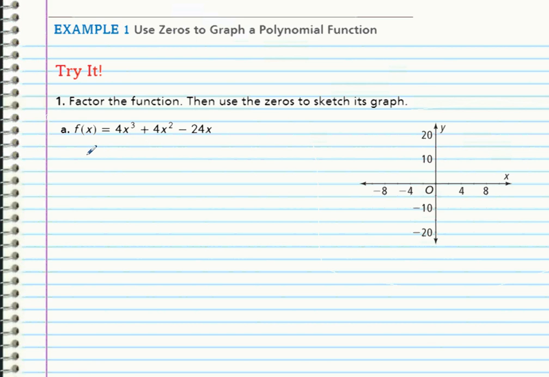So I can factor out, so I have f of x equals 4x, and then inside I have left just x squared plus x minus 6. If you redistribute all of this, you get 4x cubed plus 4x squared minus 24x.